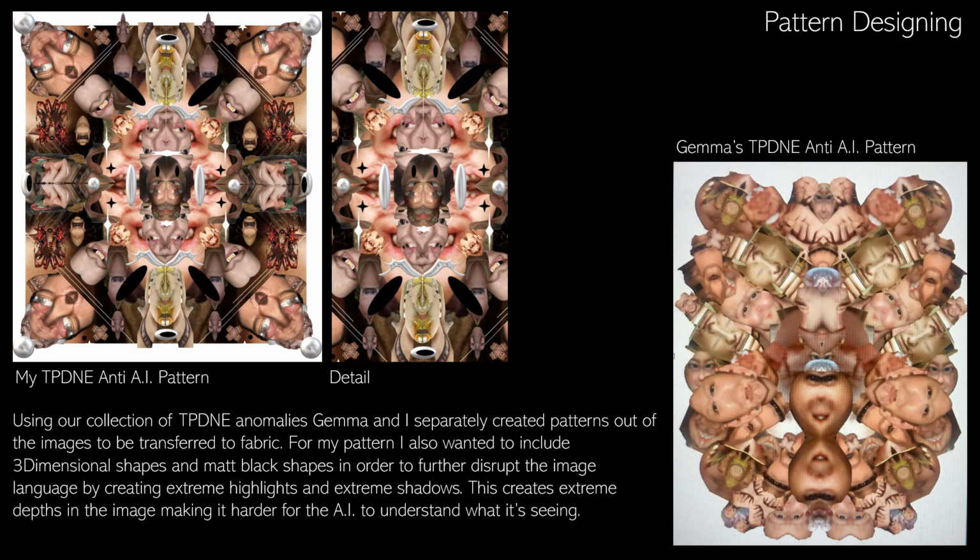I wanted to incorporate the use of shapes, different colored shapes, three-dimensional and matte black ones, just to play around with the depth of the image itself and really create an effective, jarring, glitchy effect that the AI will find super difficult to read.